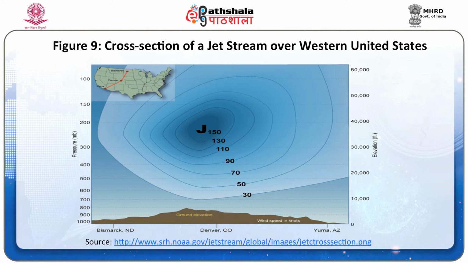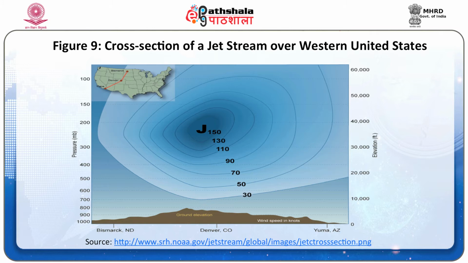The wind velocity is highest at the center and decreases outwards towards its peripheral parts, as can be seen in figure number 9. This way, it resembles a stream of water moving in a water container.